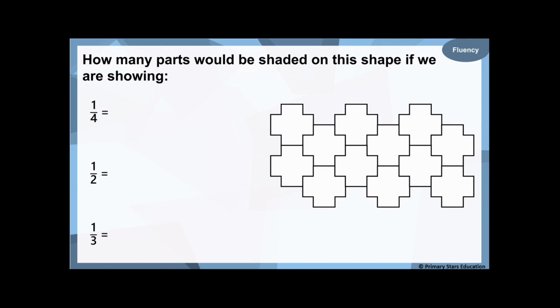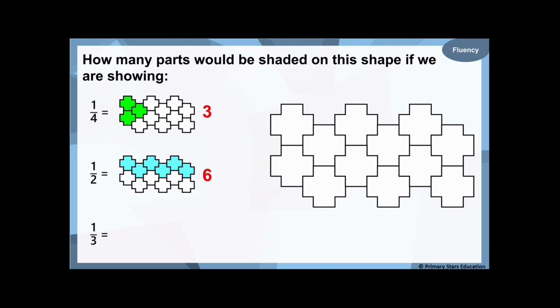Have a think and write it on your piece of paper. 1/4 of that picture has been shaded green, there are 3 pieces that would be green. Now looking at the same shape, if you were to colour 1/2 of that picture, how many shapes would you colour? That's right, 6 of those pieces would be coloured.